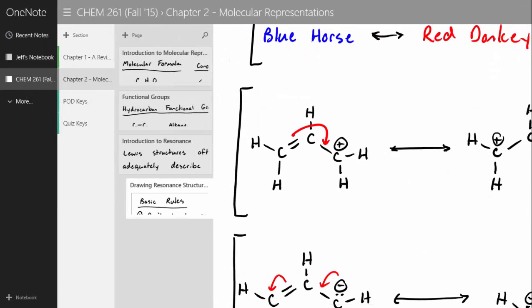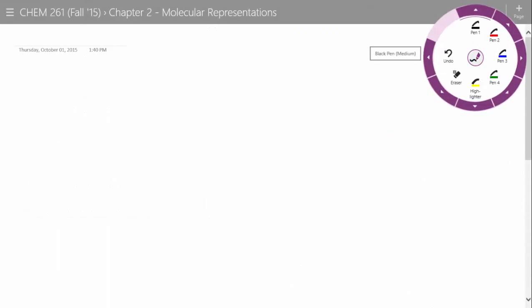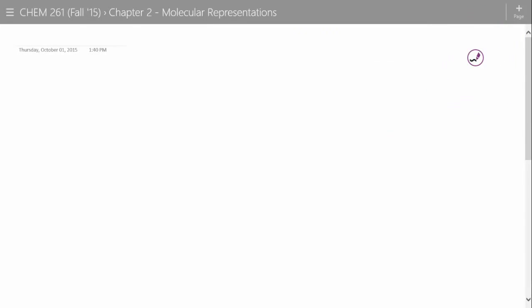So let's get started a little bit on identifying the predominant structures or most important resonance structures. Yesterday, the ones we saw all had equal contribution. The ones we'll see today do not.